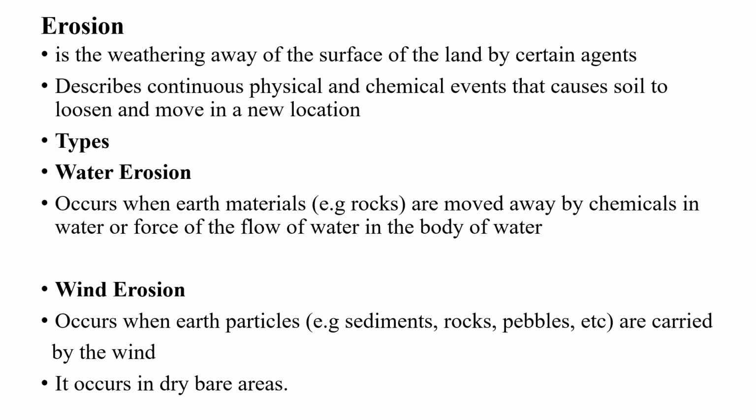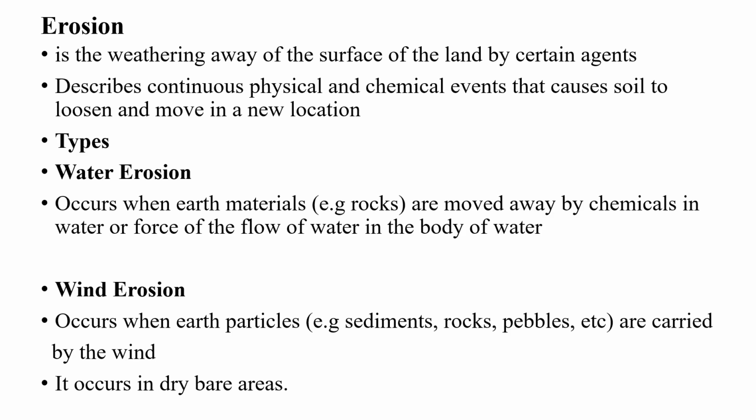We can have water erosion. Water erosion occurs when earth materials, for example rocks, are moved away by chemicals in water or by the force or flow of water. We also have wind erosion.